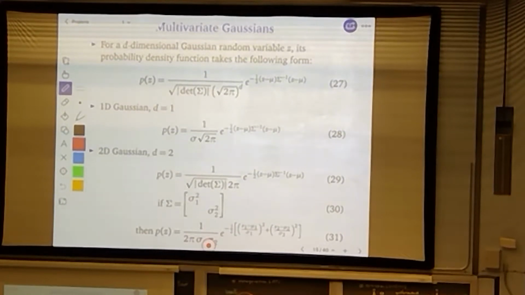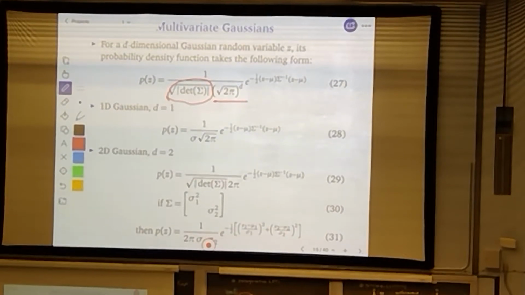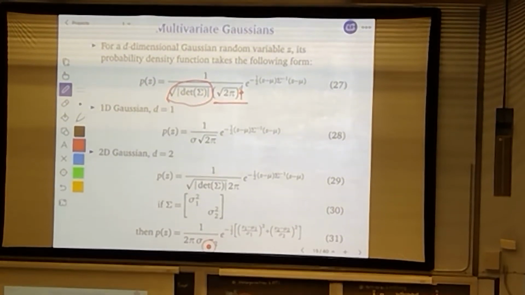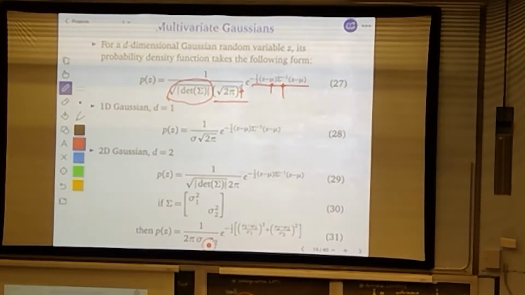And we will learn that for the d-dimensional Gaussian random variable, its probability density function takes the following form. Okay? Here you have the determinant of sigma, the covariance matrix, and the square root of it. And here you have the square root of 2 pi raised to the power of d, and this is what we know of already. It's a quadratic form, taking mu as the mean and the covariance inverse as the dividing factor.